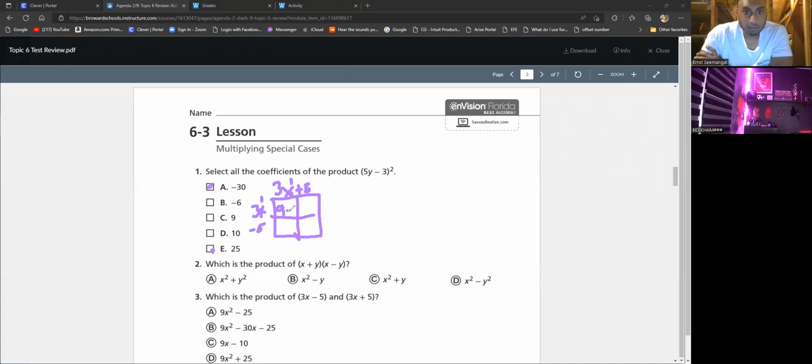It's 5 and 3, not 3 and 5. The coefficient on this one is 5y, the coefficient on this one is negative 3. So this should be 5y?